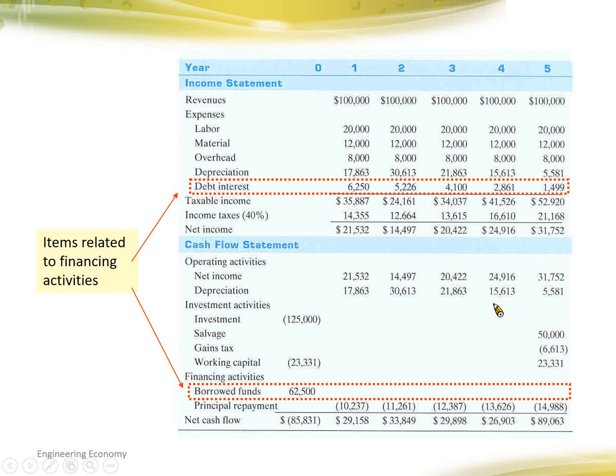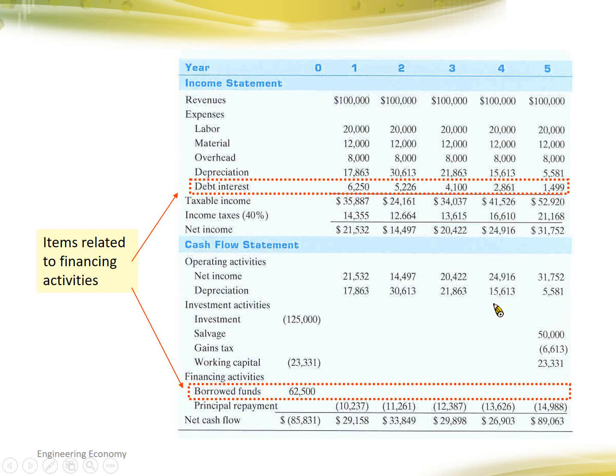Okay, and the borrowed amount will be considered in so-called financing activity, which is an additional activity. And this amount will be placed in financing amount as principal.